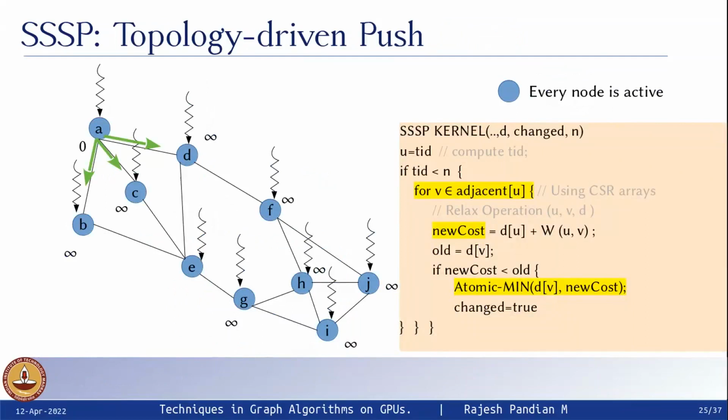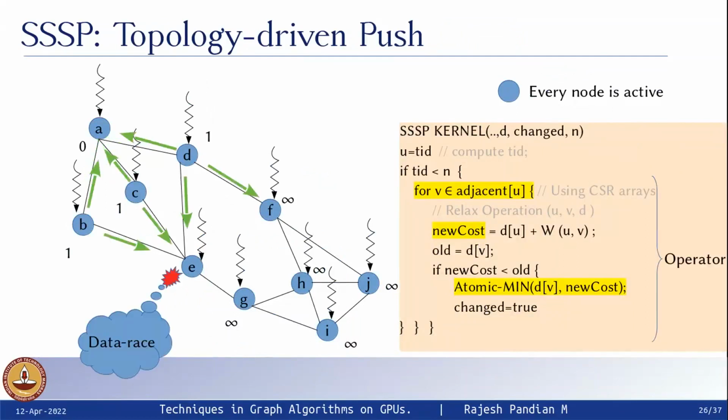So the animation I'm going to show here is like a heartbeat algorithm. Each of these pushes will happen in parallel, and note that, as you said earlier, a particular node can have multiple parents, right? So when updating the distance, we have to be a little careful.